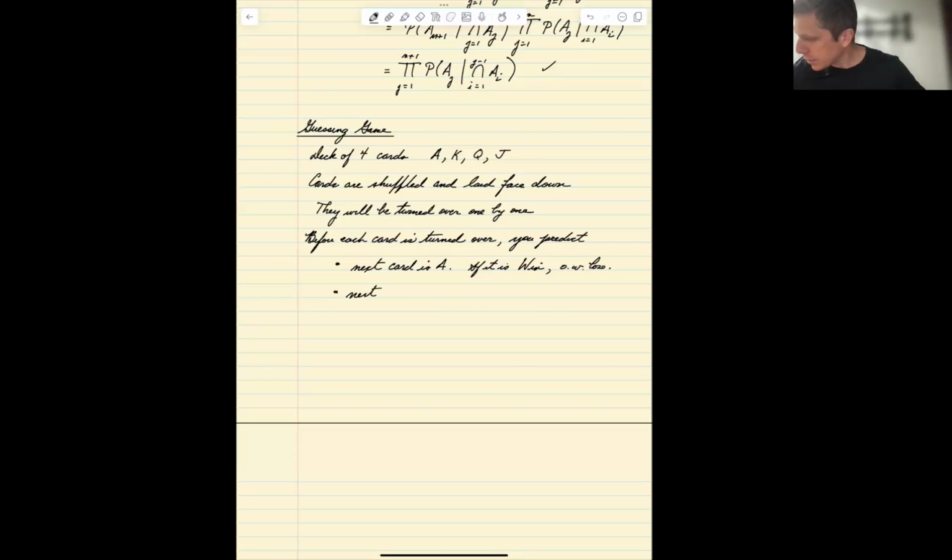Or you predict that the next card is not an ace, and if it is an ace, then you lose. Otherwise, you continue.